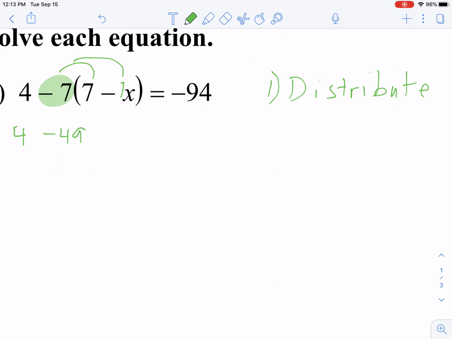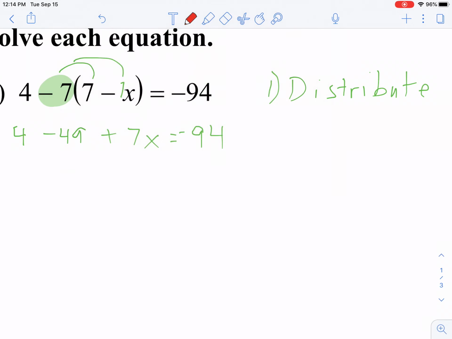Negative 7 times negative 1 is positive 7. X comes with it. Still equal to negative 94. We didn't do anything on the right side of the equation. Now, notice how the minus 1x became positive 7x, because a negative times a negative is positive.